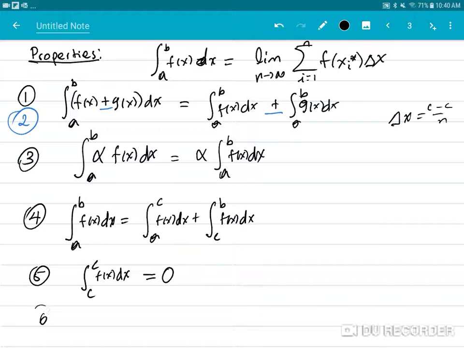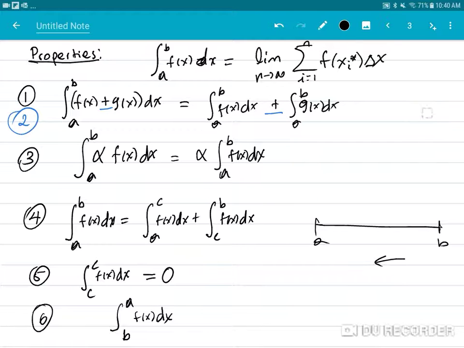And the next property is if you want to integrate from b to a of f of x dx, in other words, you want to go backwards. a is here, b is here. If you want to integrate that way, your delta x's will be on the negative side. So the delta x, instead of b minus a over n, becomes a minus b over n. So the delta x's will be just the negative of the delta x's if you were to integrate from a to b.